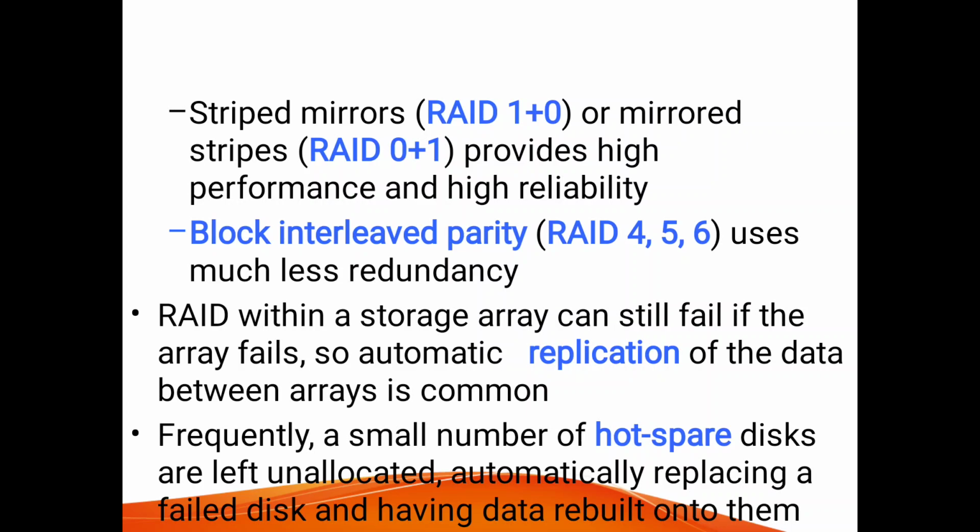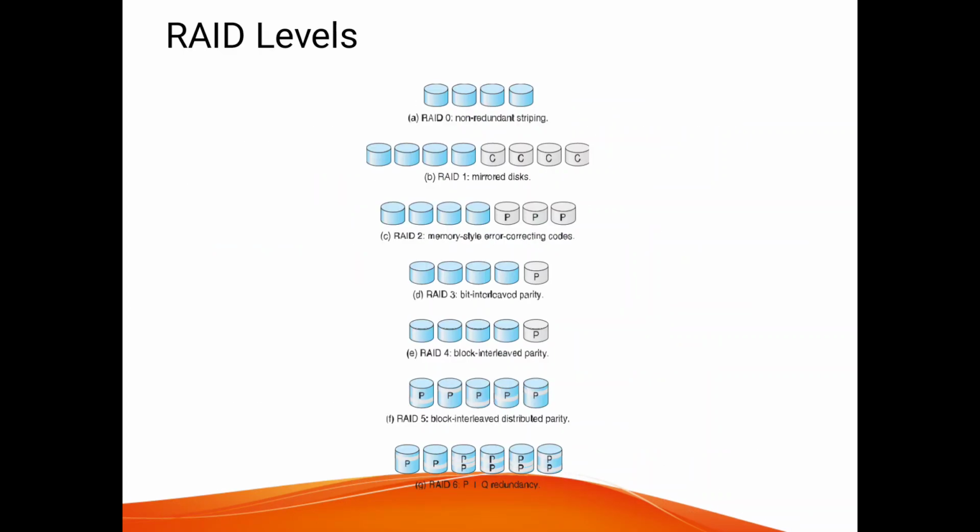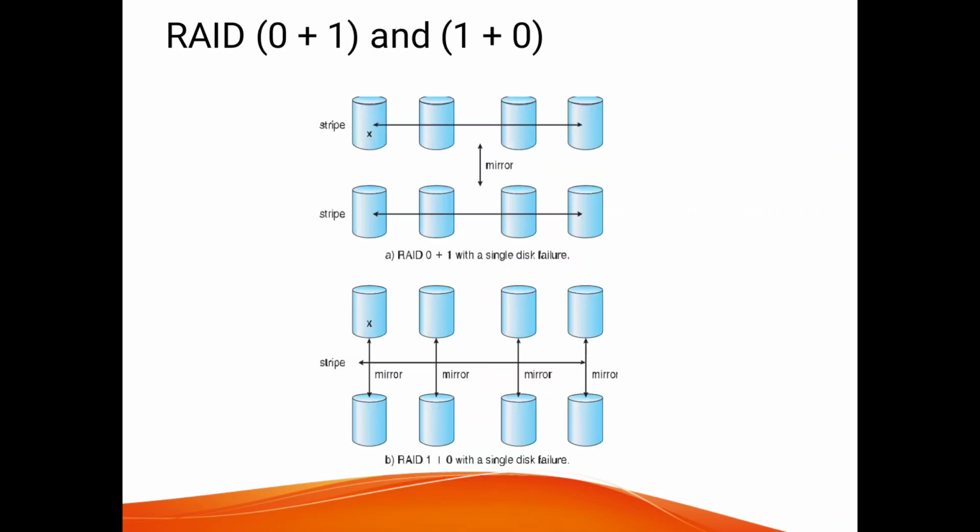Block interleaved parity uses much less redundancy, and replication and hot spare improve the reliability of this storage. The RAID levels are described level by level, with the strips increasing in ascending order. The follow-up is done with a single disk failure.